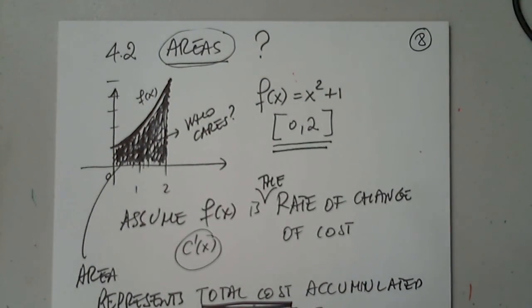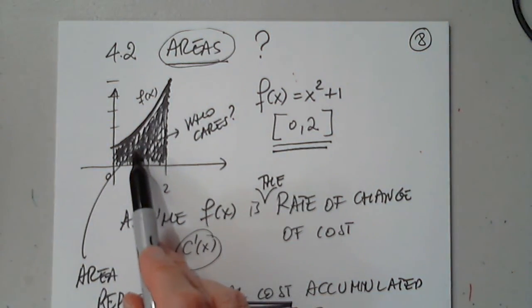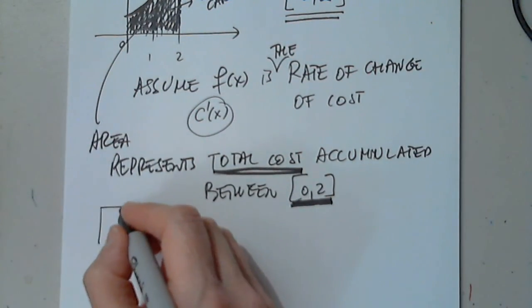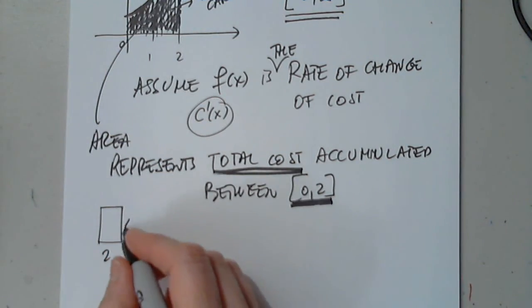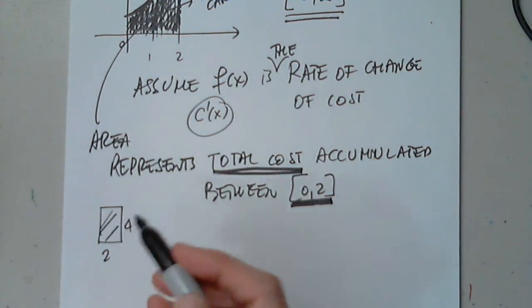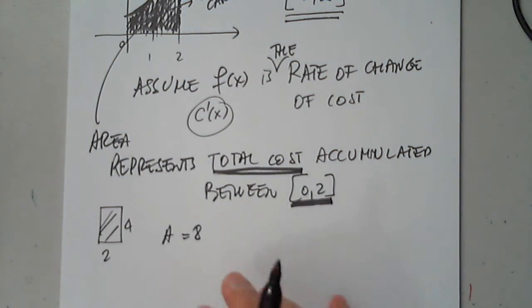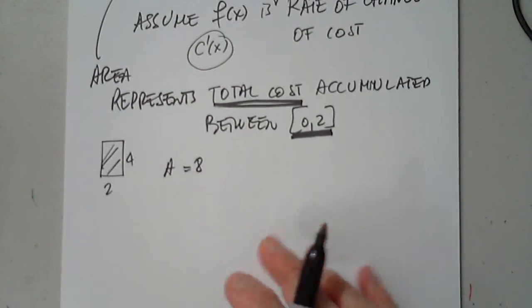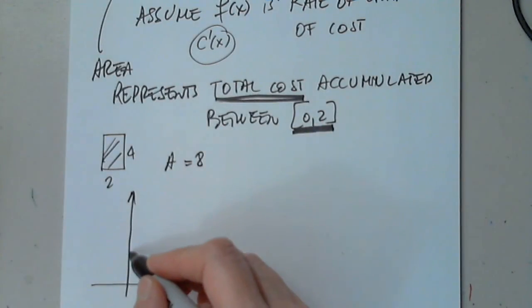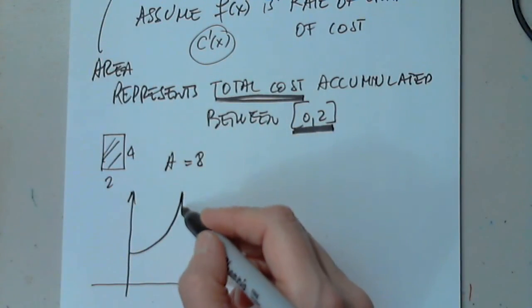If that's the case, how will I determine such an area? It's not easy. If you tell me to find the area of a 2x4, I'll say, okay, it's a rectangle. If you're telling me it's a rectangle, and I say the area is 8. But how will I determine the area under such a graph?